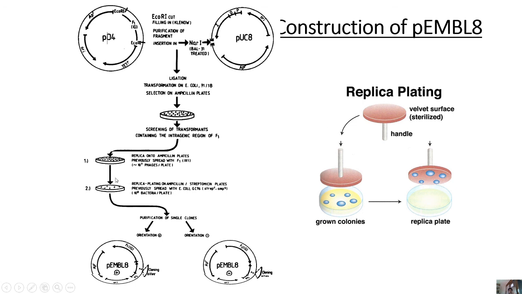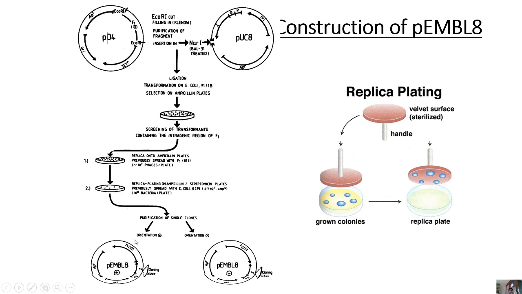It's also grown in a medium with ampicillin and streptomycin. So in that bacterial cell, these bacteriophages infect those bacterial cells present in this plate, and their genome may be introduced in those bacterial cells. So now these bacteria harbor pMBL8 vectors.